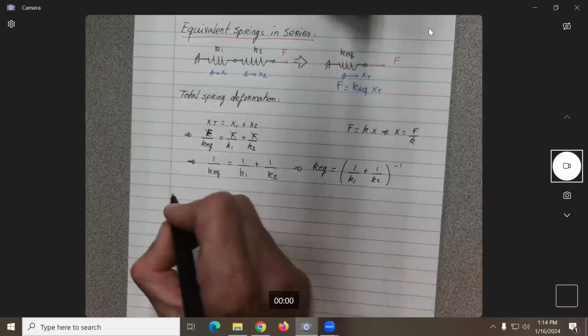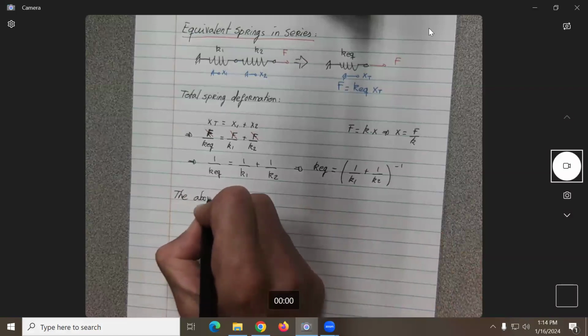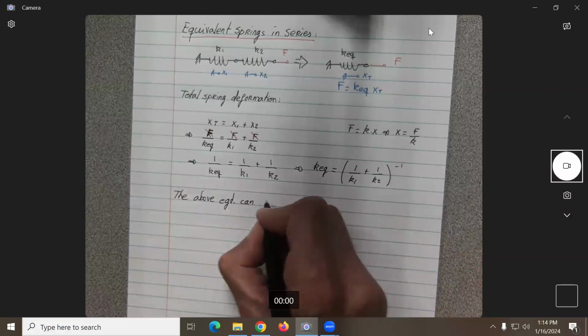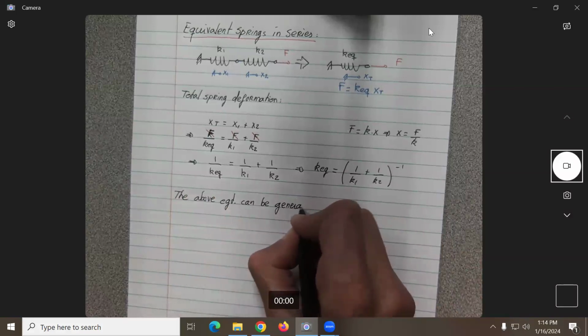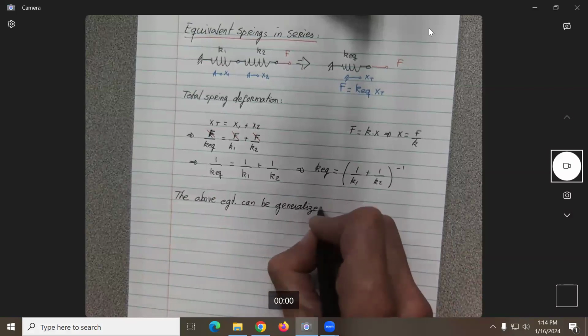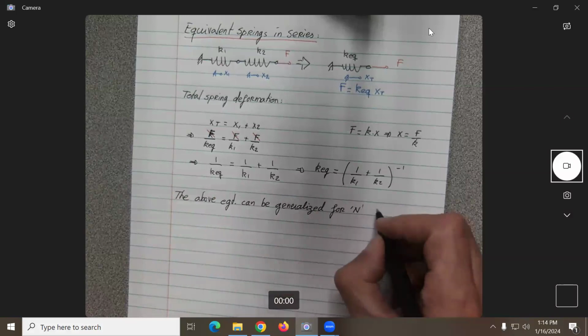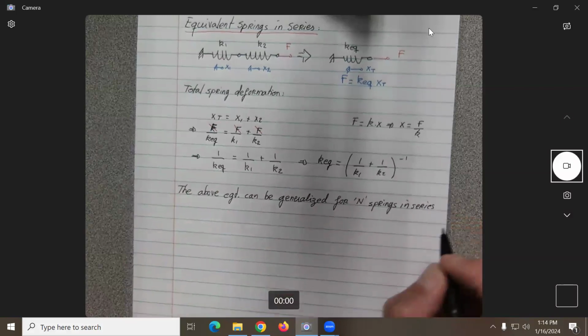So let's say the above equation can be generalized for n springs in series.